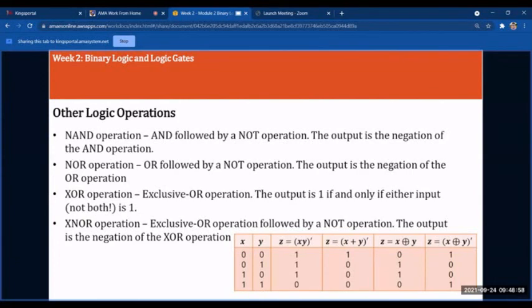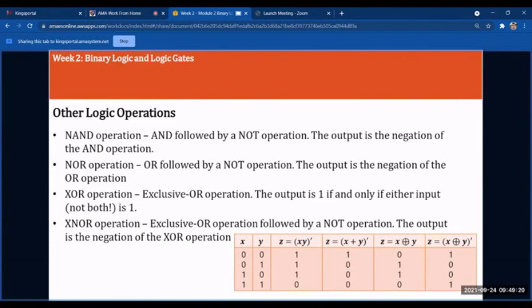So meron tayong ditong truth table. Okay, so for NAND, NOR, XOR, and XNOR. Okay, so we have here the input 0011 for X, then 0101 for Y. So pag sa NAND operation, doon muna tayo sa Z is equal to XY prime.